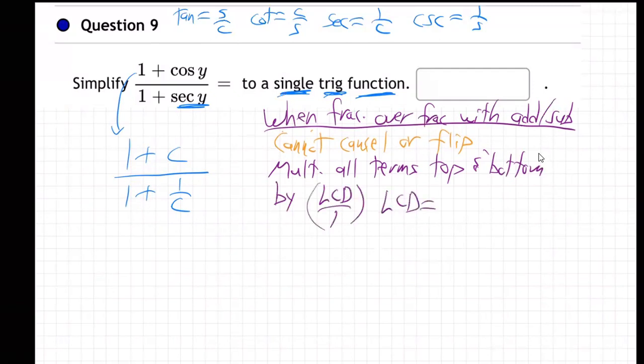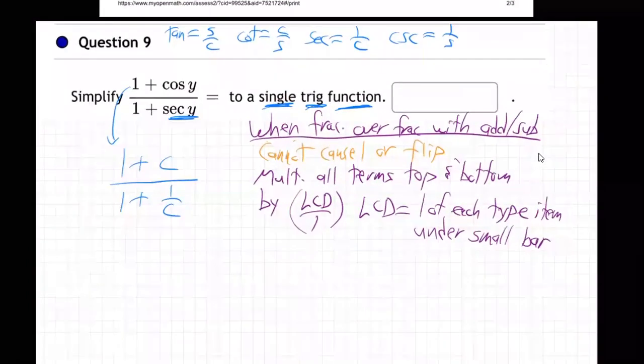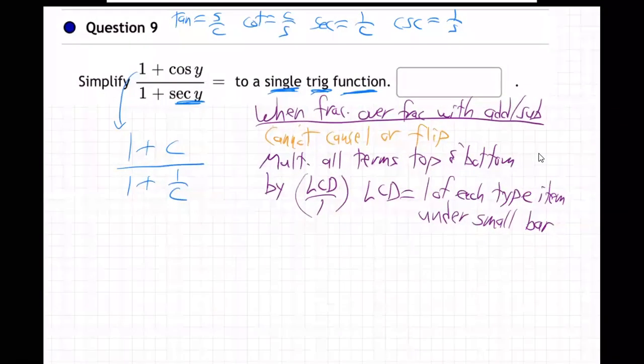And the LCD equals 1 of each type of item under a small bar.